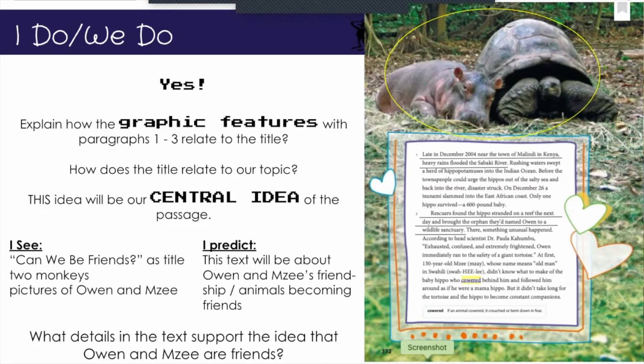I predict this text will be something about either Owen and Mzee's friendship or about animals becoming friends, since I did have a picture of two monkeys on the cover and not about Owen and Mzee. So maybe the topic is just about animals and the central idea would be about animals becoming friends.